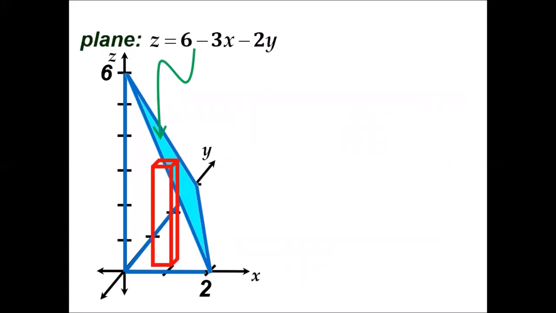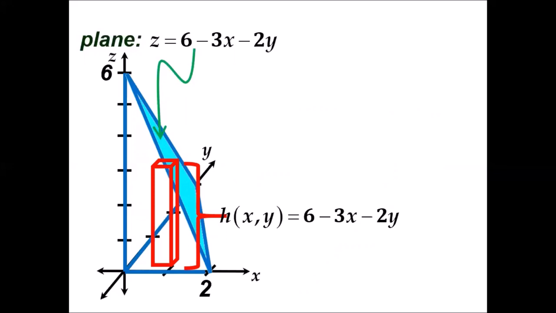Note that h of x y is the height of the solid formed and is given by h of x y equal to 6 minus 3x minus 2y. We can get this simply by isolating z in the equation of the plane, or by expressing z in terms of the variables x and y.